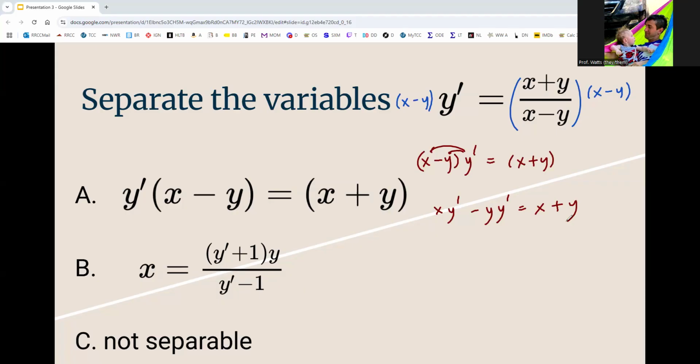And then you'd want to separate x and y terms. So subtract that. And subtract that.